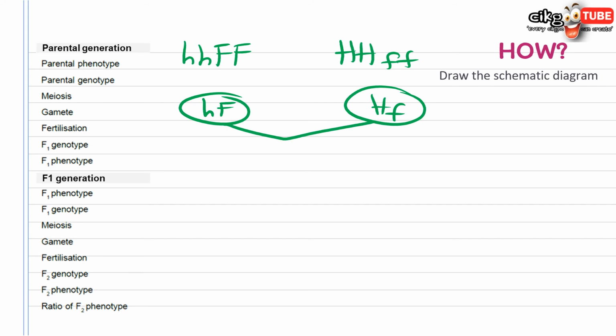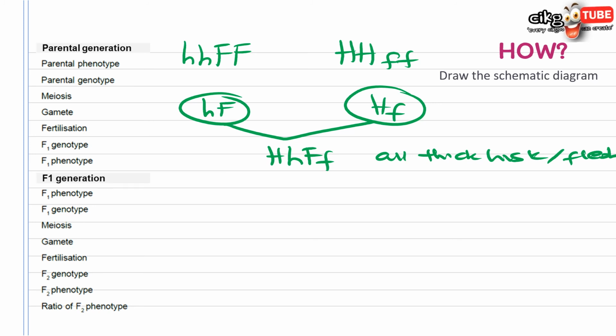And then when they undergo fertilization, we produce HhFf. So this is the genotype. Phenotype will be all thick husk and thick flesh. So you can write it yourself. I do not have enough space over here. My handwriting is too big. So we have this. This is the first filial phenotype and genotype.